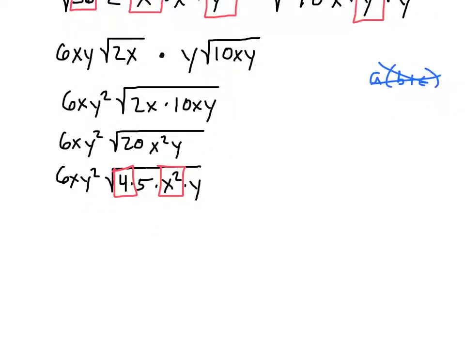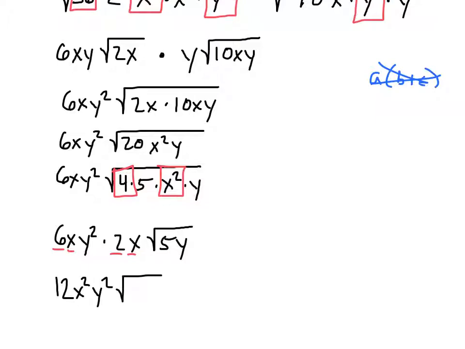So we have 6xy squared times, what are we taking out of that square root? 2x. And then what's still inside the square root? 5y. So we can then take 6 times 2 and x times x, which gives us 12x squared y squared times the square root of 5y.